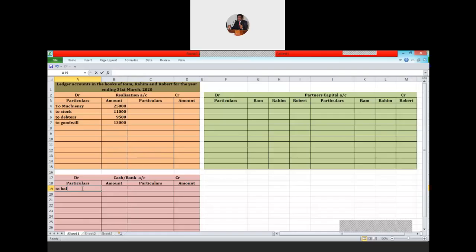To balance brought down, that is the opening balance 1,500. So students, we have transferred all assets.